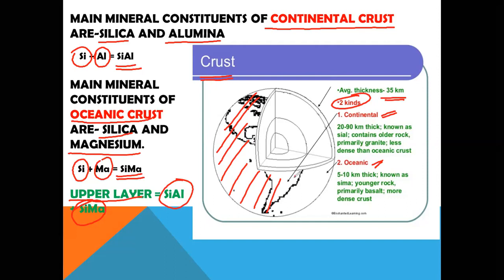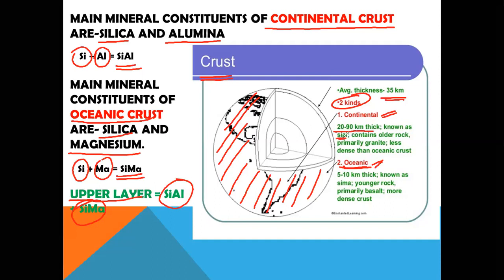Continental crust is the simple landmass present on the Earth's surface, whereas oceanic crust is the land beneath the ocean or the ocean floor. So continental crust is around 20 to 90 kilometers thick and it is known as Sial.